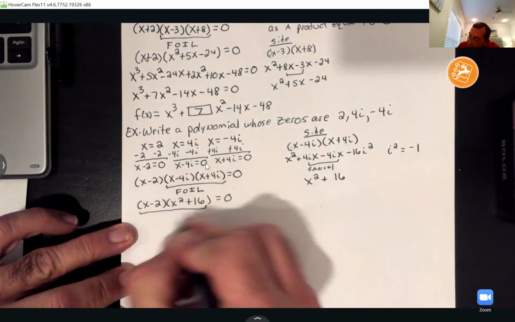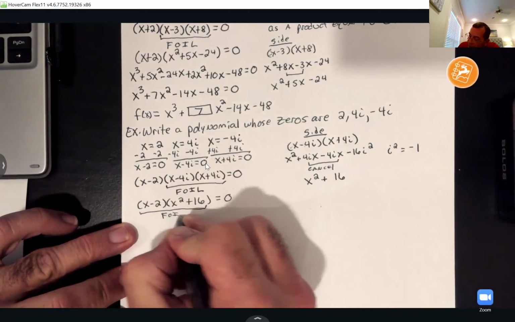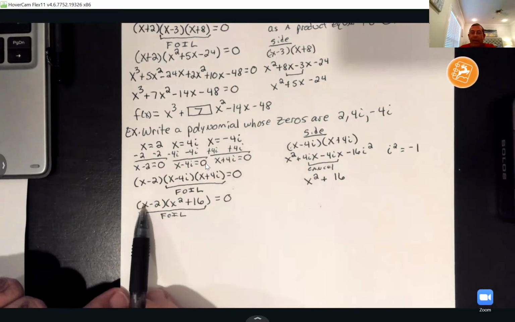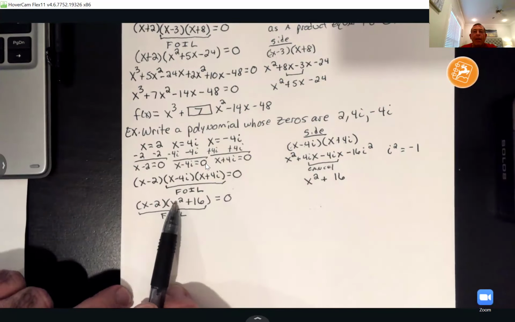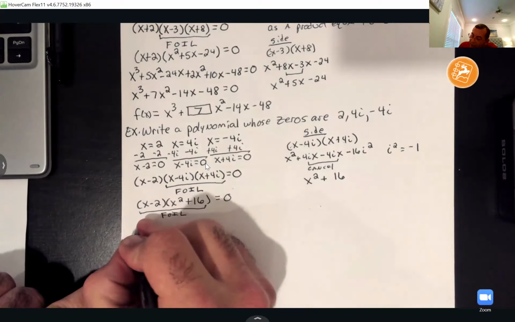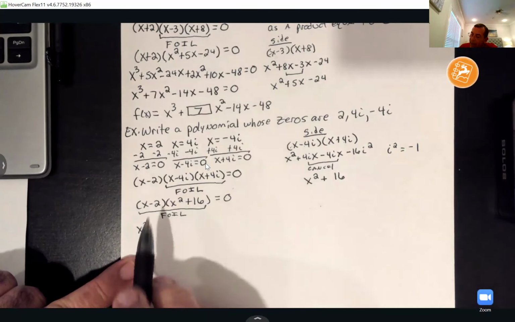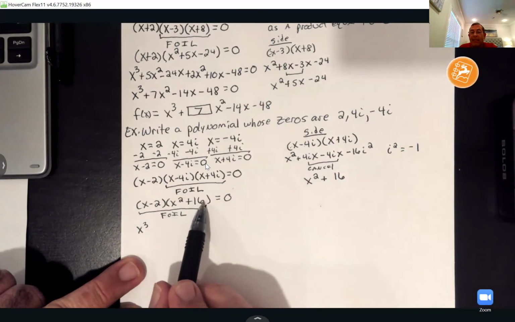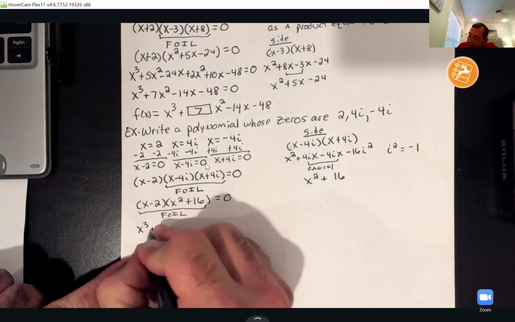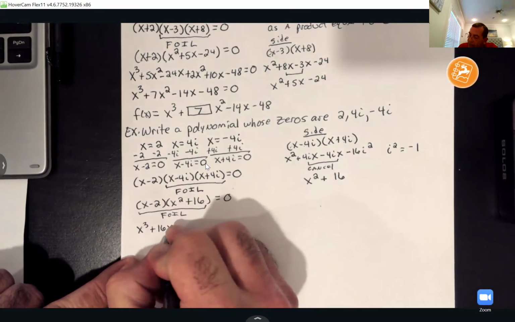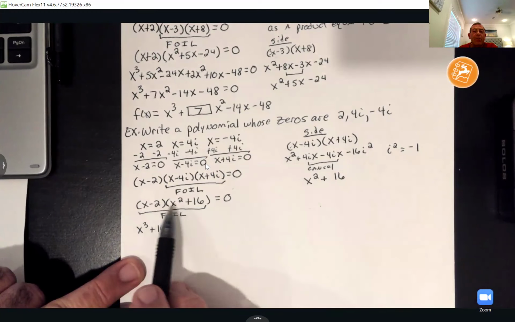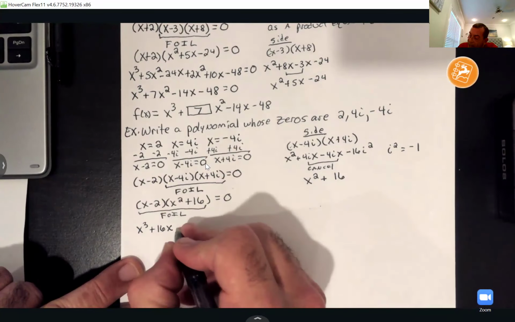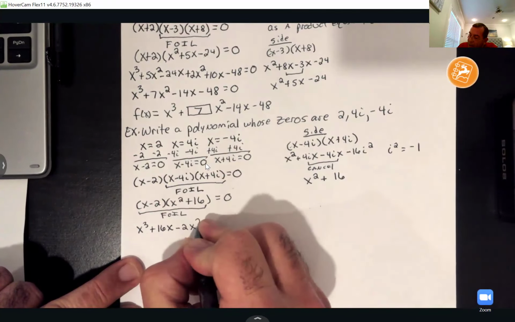So I'm going to take these and FOIL now. So x times x squared is x to the third. x times 16 is a 16x. Now the negative 2 times x squared is a negative 2x squared.